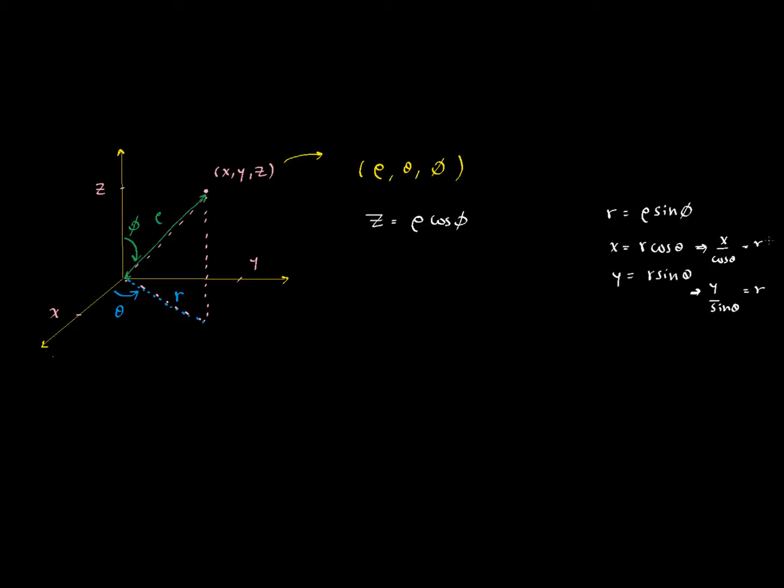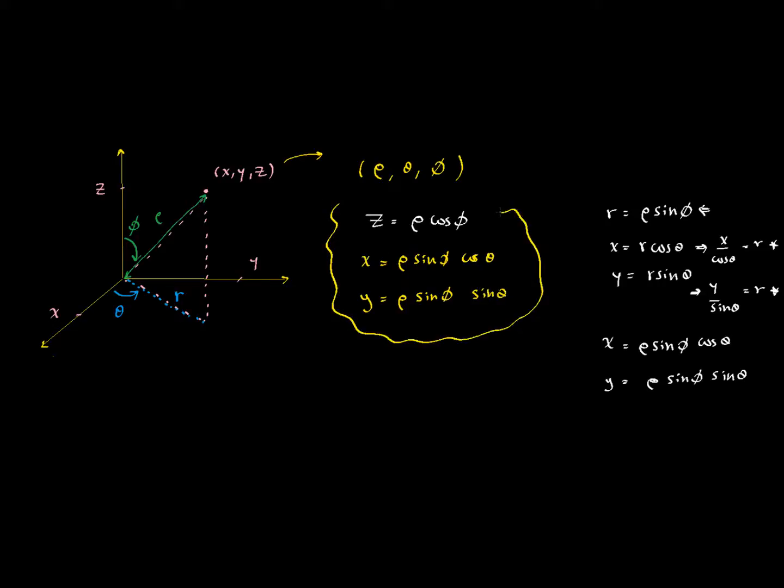So if I substitute these two equations into this equation over here, we can say that x is equal to rho sine phi cosine theta, y is equal to rho sine phi sine theta. So I'll write this here. x is equal to rho sine phi cosine theta, y is equal to rho sine phi sine theta. So that's how we can convert from Cartesian coordinates to spherical coordinates.